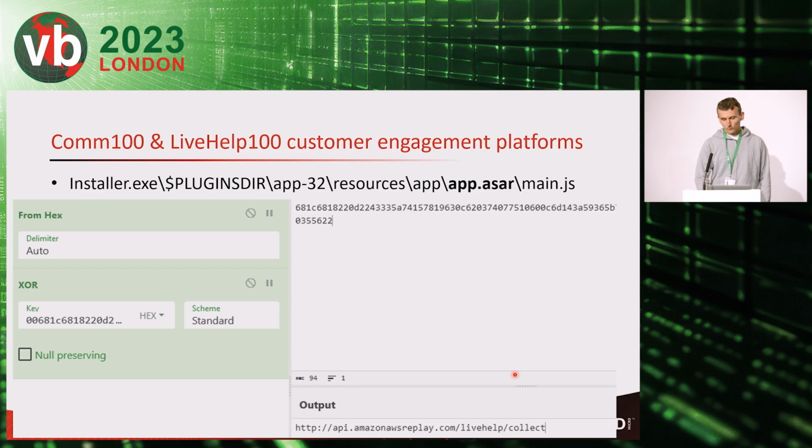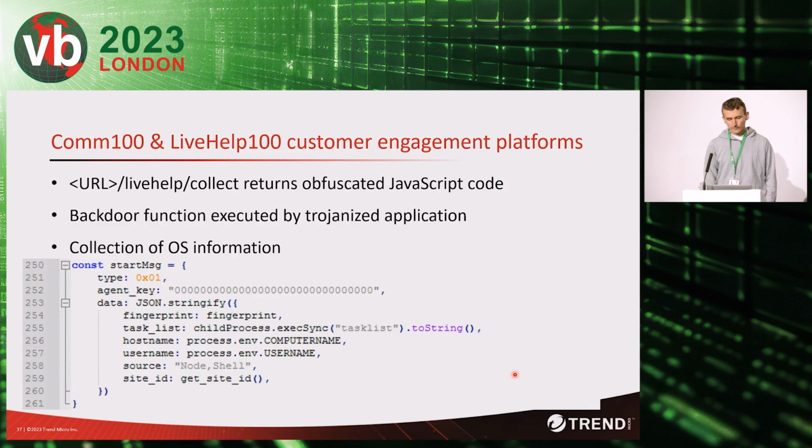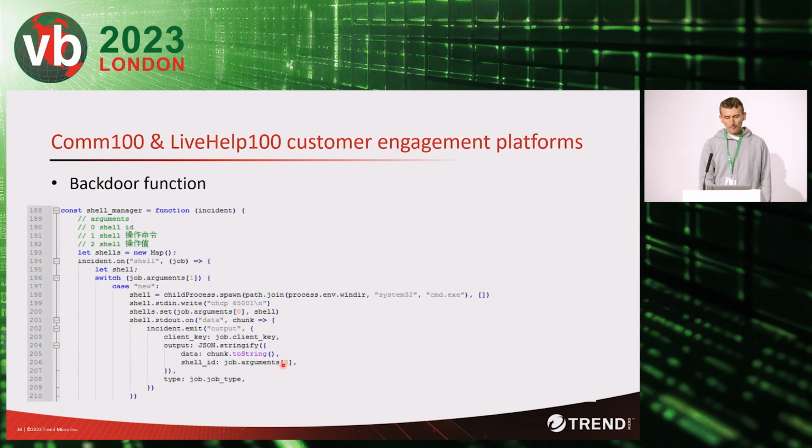When trying to download the content from the URL addresses, you can find there several stages of JavaScript code. This piece of code is the collection of operating system information. So it computes the fingerprint, gets the list of the tasks, gets the computer name and username. Another script can run, for example, command line commands.